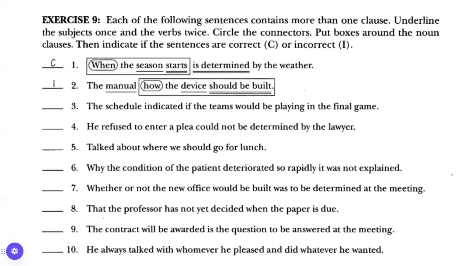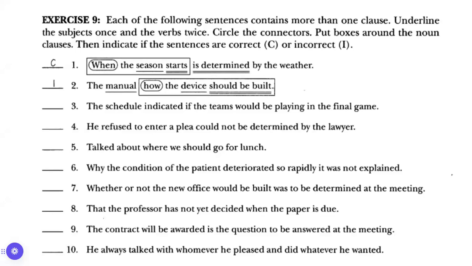Let's do this exercise. It says each of the following sentences contains more than one clause. So identify those clauses, see if they're acting as the subject or the object of the sentence, and then determine if the sentence is correct or incorrect.